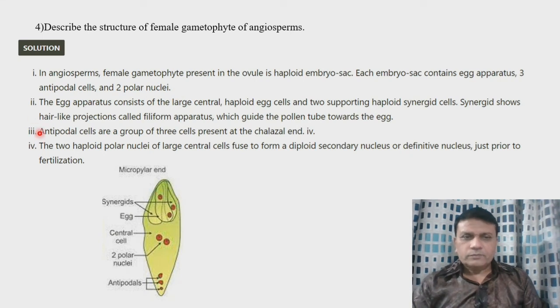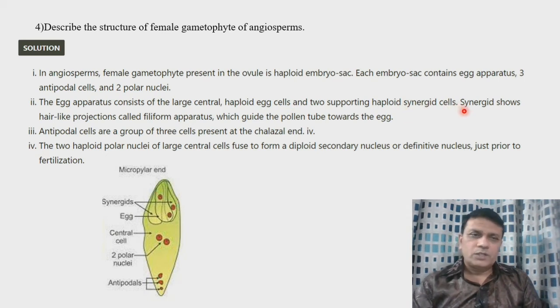Then the female gametophyte is present inside the ovule and is haploid embryo sac. Then second point is, the egg apparatus consists of large central haploid egg cell and two supporting haploid synergid cells.